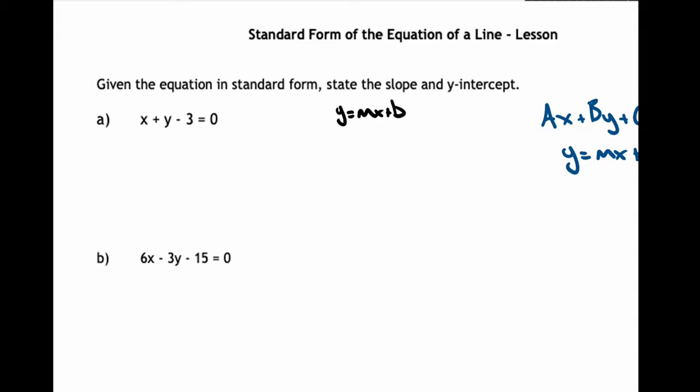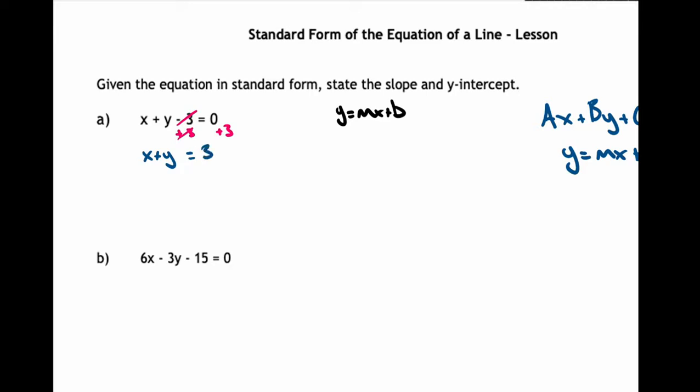And this is going to rely on our knowledge of solving equations, or algebra, about moving things to other sides of the equal sign. Now we're not solving for anything, we're just moving things to get it into the right form. So if I want to move this minus 3 over, I have to add 3 to the one side, add 3 on the other, which will cancel out on the one side, and we're left with x plus y equals 3.